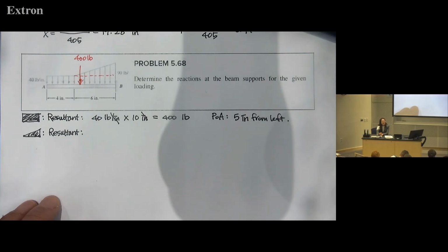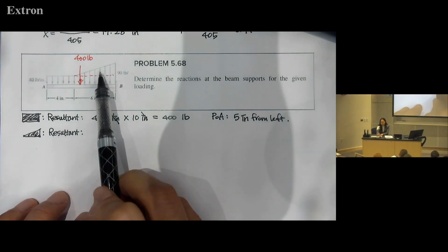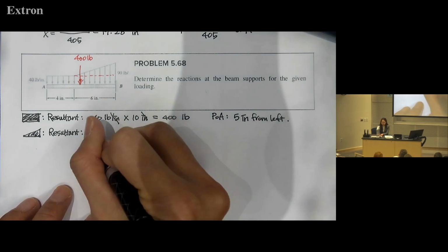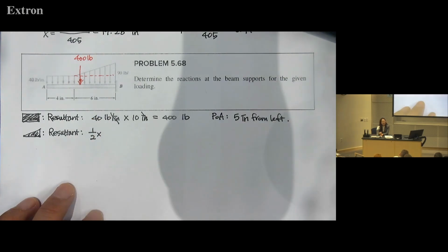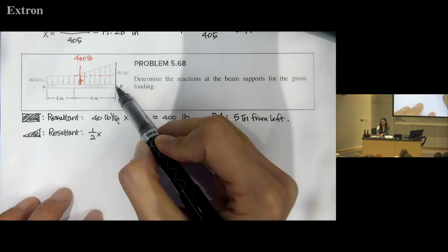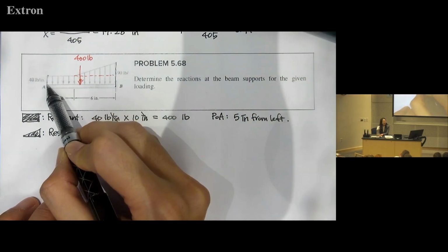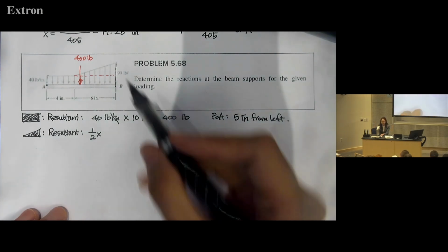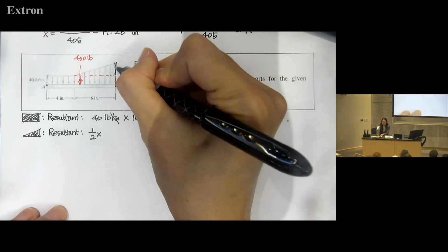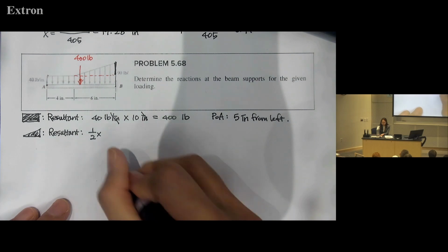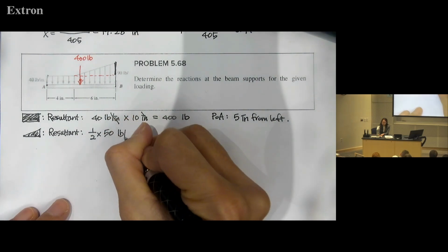What is the resultant, the area under this triangle? 1 over 2 B H, right? So 1 over 2 with H. This is 90, and then this is 40. Use 90? No. We should use this one only, right? That's 90 minus 40, so 50 pounds per inch.